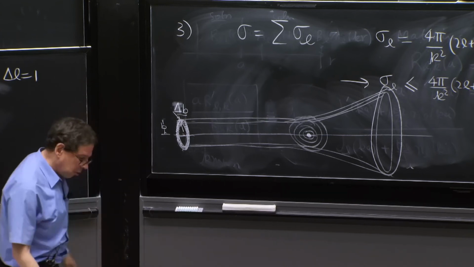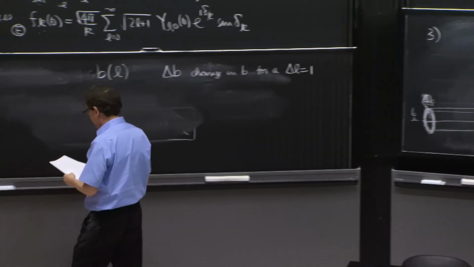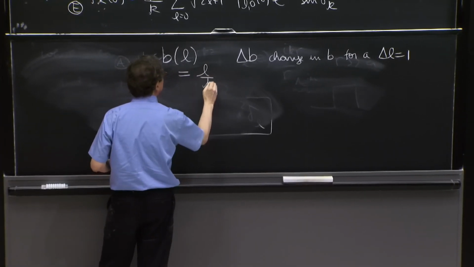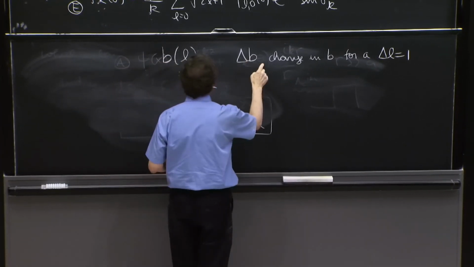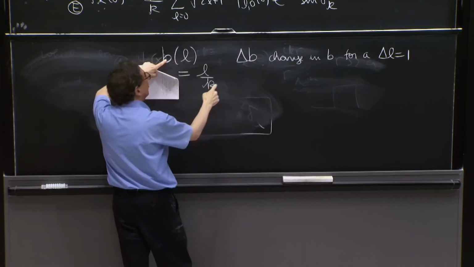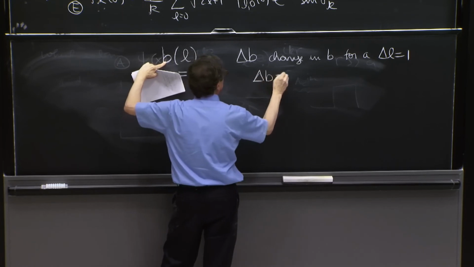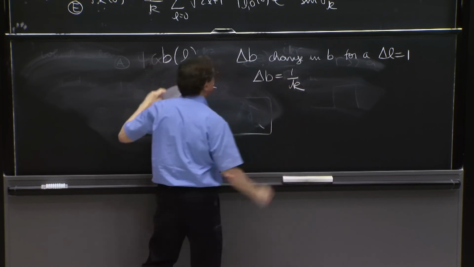So let's do this. B of L is equal to L over K, and delta B is the change in B when L changes by 1. So delta B is 1 over K.